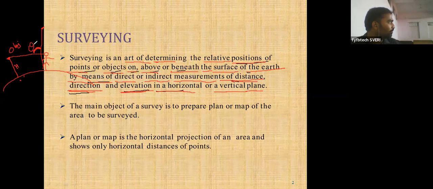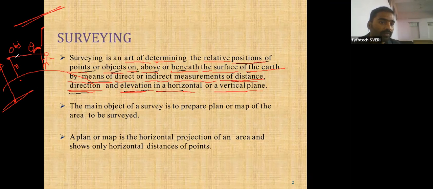That is direction, whether it is towards the right side or the left side, east or west or north or south. Or elevation: with respect to this point, this is at a higher level. That is called elevation. Suppose there is one point, this is your datum point.